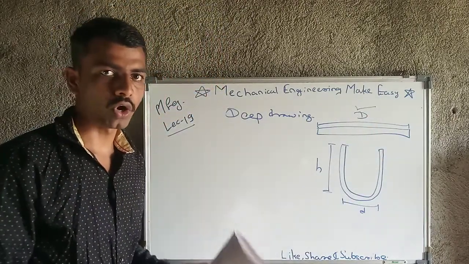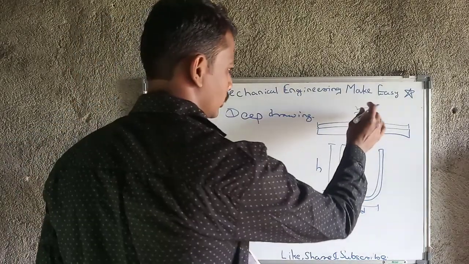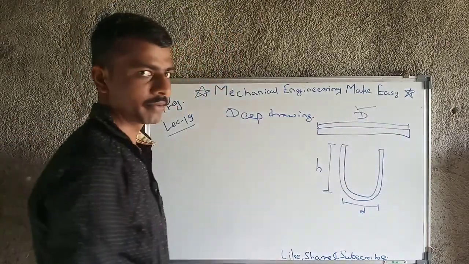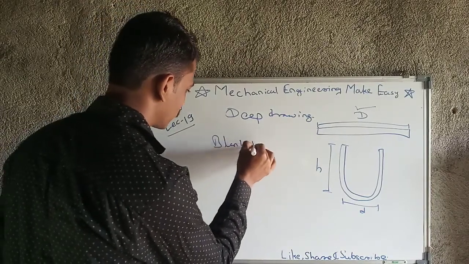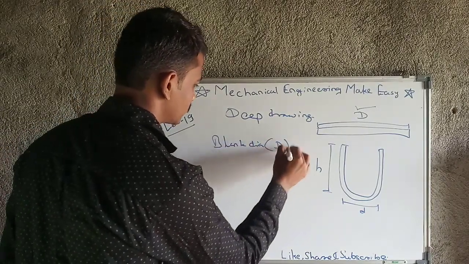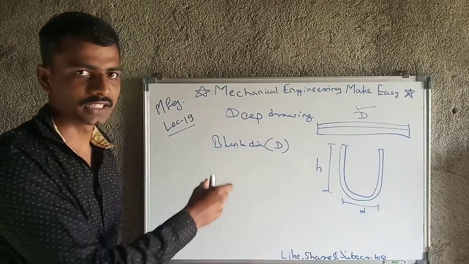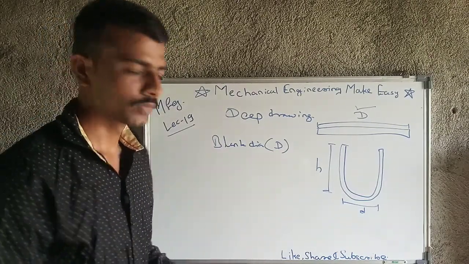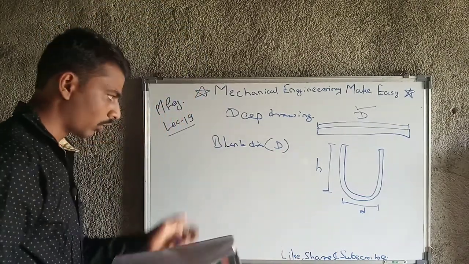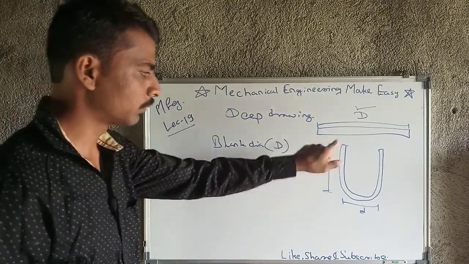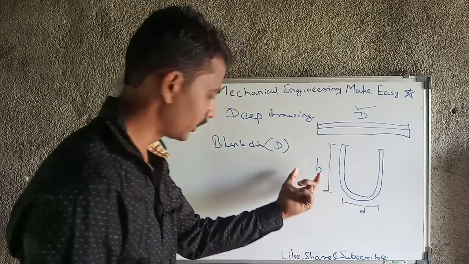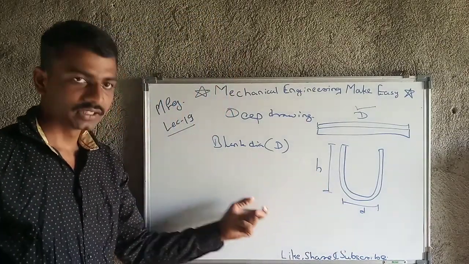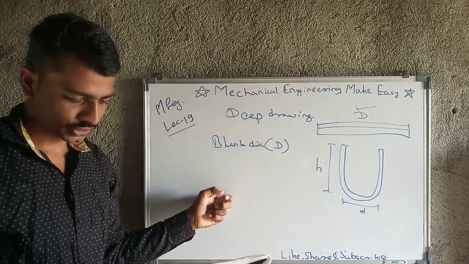Blank is nothing but raw material, and this is the raw material diameter or blank diameter. Blank diameter is nothing but capital D. What amount of D will we need for this shape? That will depend on the value of d, the value of h, and the d by r ratio.